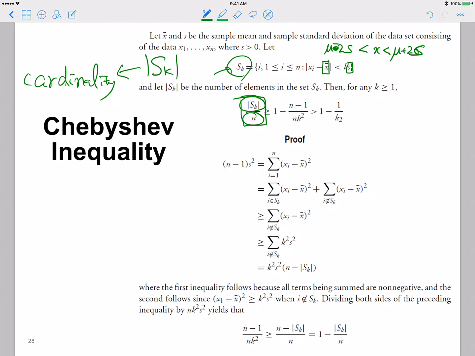The message of this inequality is that the relative number falling into this range is always greater than or equal to this number. What is k? K is this value, 2. When it is 2, it says 1 minus 1 over k squared, so it is 75%.